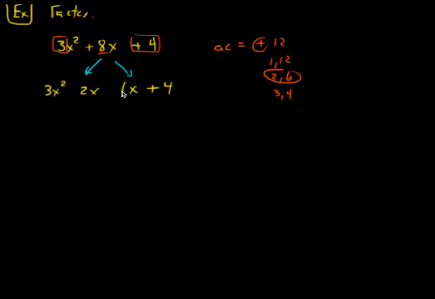So that would be like the 2 and the 6 here. Or technically it could be the 6 and the 2. The order doesn't technically matter. Some people might prefer to put the 6 here because it'll pair up with the 3 maybe nicer, and the 2 here pairs up with the 4. Although, like I said, it won't change our answer, but it will change our work slightly for the process. So 6 and the 2.